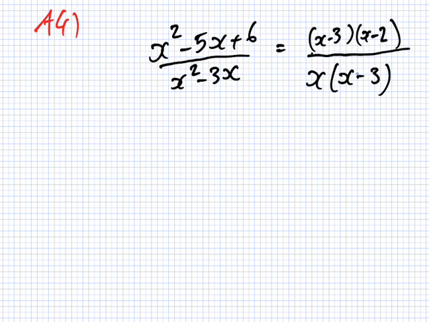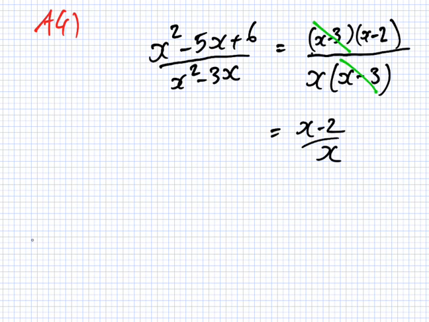That's nice, because something cancels. This cancels with this. I'm left with x minus 2 over x. This is why the long division doesn't work: when you divide it, it doesn't cancel, it still stays as a fraction. But at least we have an easier fraction.